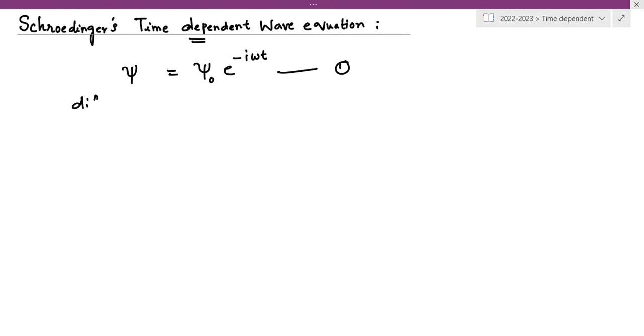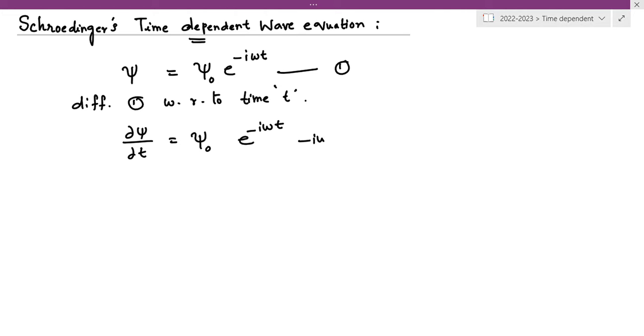Differentiating the above equation with respect to time, we get dou psi by dou t is equal to psi naught, the amplitude, and then e power minus i omega t, and then minus i omega.